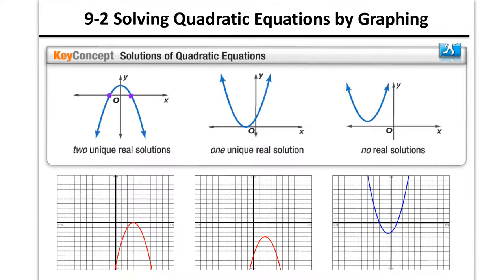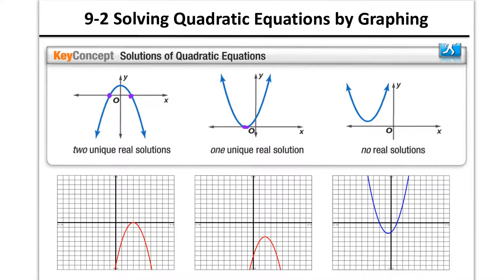Same thing with the next parabola. You can have 1 point on the x-axis, and in this case it is the vertex on the x-axis. Since it is touching the x-axis 1 time, it is 1 real solution.